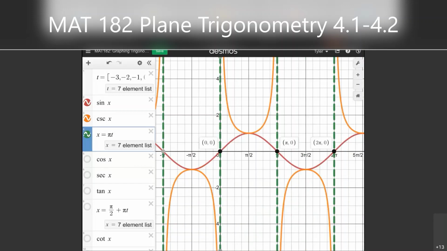Each of those positions has a vertical asymptote for the cosecant function, because the cosecant would be undefined if the sine function was 0, since we take the reciprocal to find the cosecant. So there's our pair of sine and cosecant functions. You'll want to at least be able to identify what a cosecant function looks like on a coordinate plane.